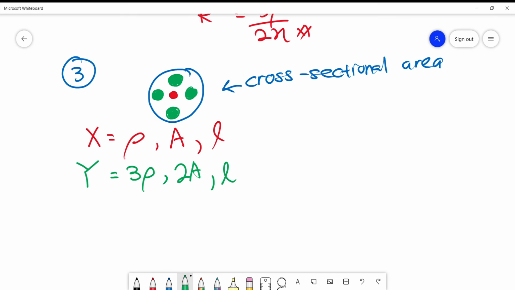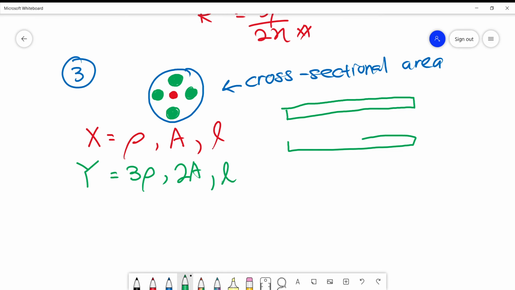Okay, so this is the cross-sectional area. Let me just think about it. If I wish to see the true side of the wire, what I can see is in this form. So this is the first wire, and this is the second wire, and this is the third wire, and this is the fourth wire.